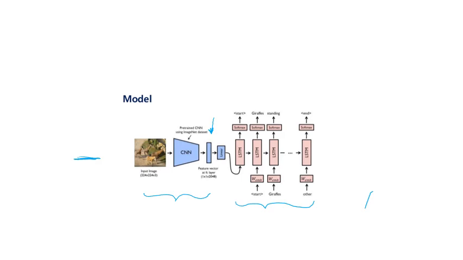I need an encoder to encode this image to a vector such that this vector can be translated to a sentence by a decoder. So the same concept that we had before, but instead of having two RNNs, I have one CNN and one RNN in image captioning. So that's basically the model.